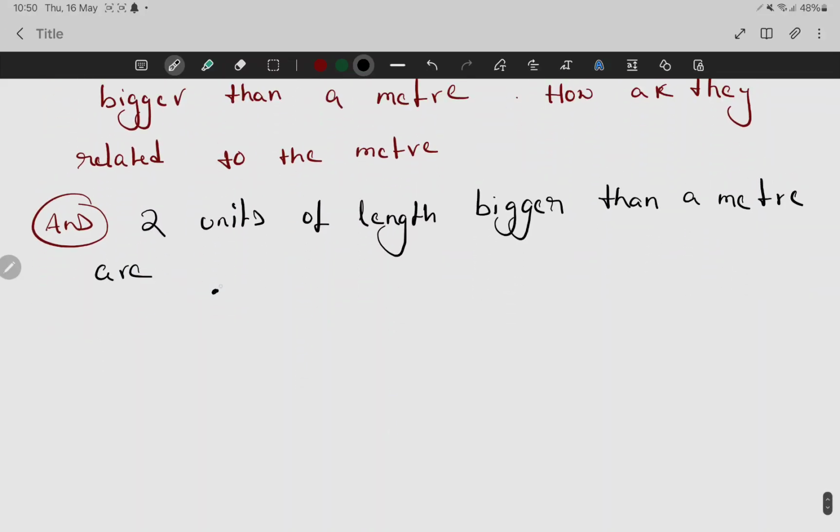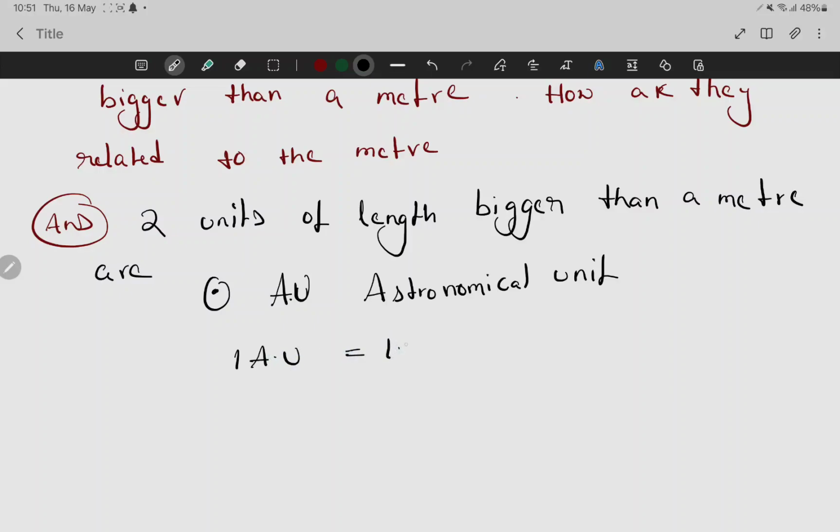The very first one is AU, astronomical unit. Astronomical unit is the distance between the sun and the earth. 1 AU is equal to 1.496 into 10 to the power of 11 meters.